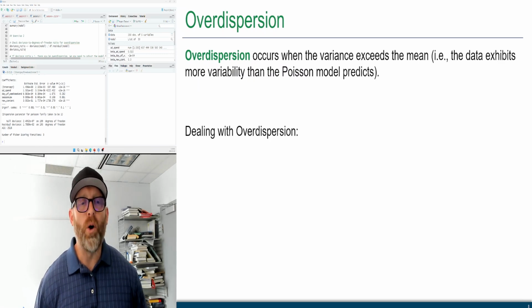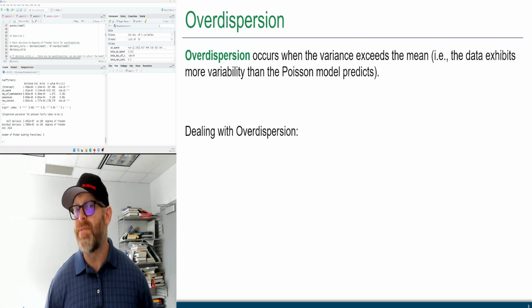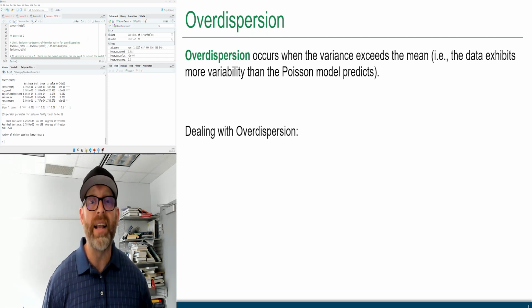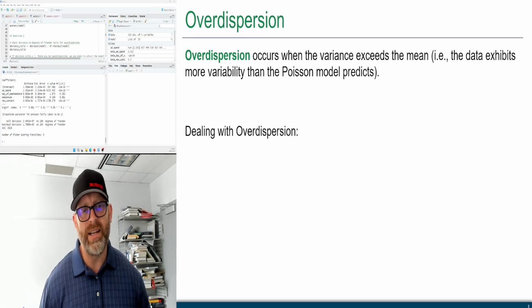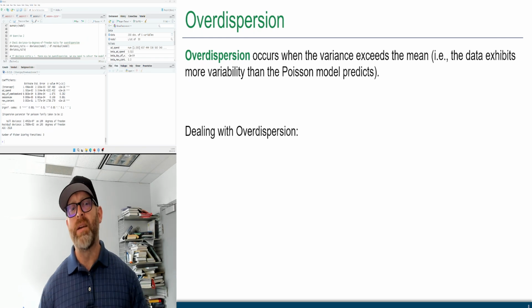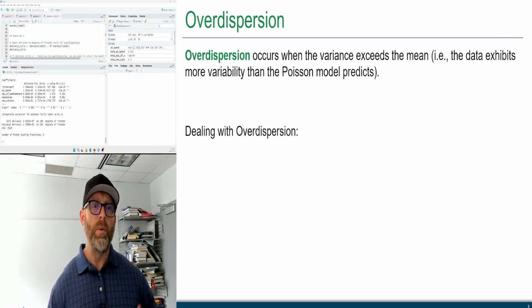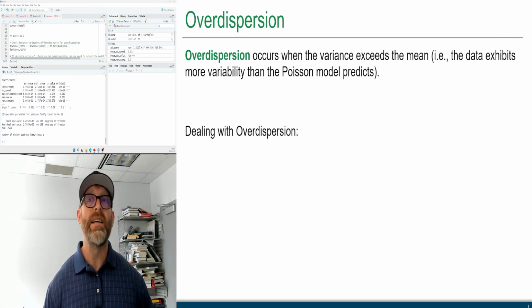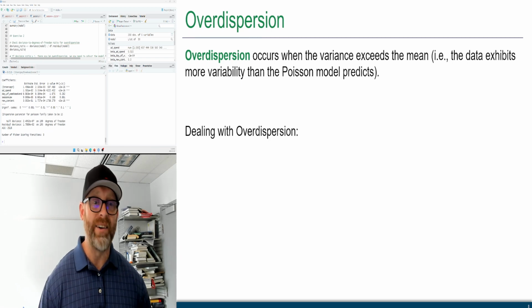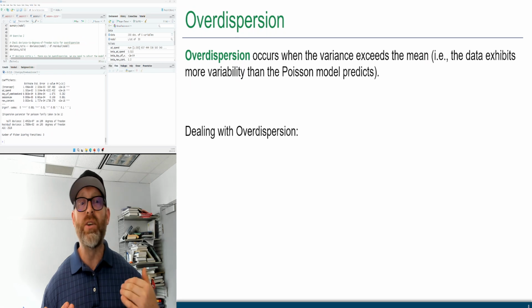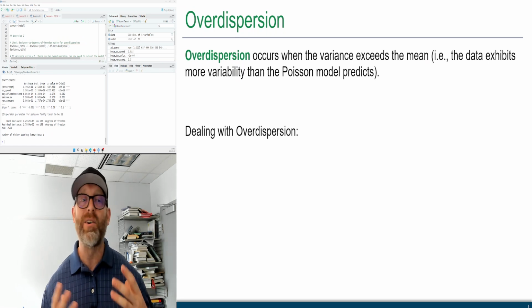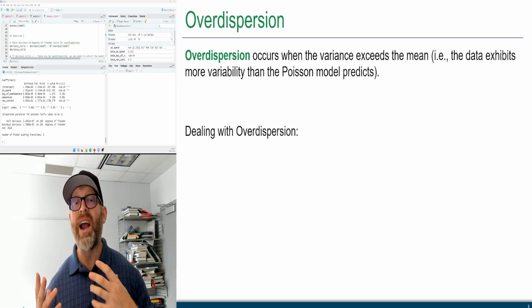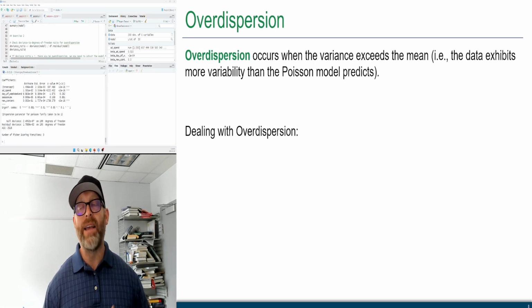So how do we deal with overdispersion when this does in fact come up? Well, there are two ways of dealing with this. One of the problems with overdispersion is, think of it the same way as multicollinearity. When we were dealing with multicollinearity, it overinflated the standard error, which decreased our test statistic, which increased our p-value. So it became difficult to trust our estimates.